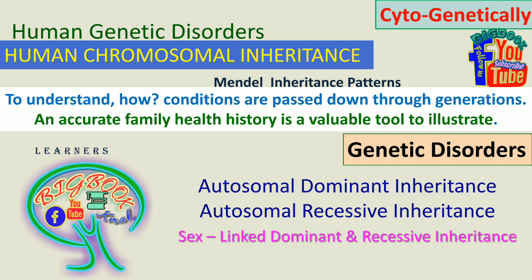In these slides we are going to discuss autosomal and sex-linked genetic disorders which are dominant in inheritance pattern and recessive in inheritance pattern. So we are going to get into the first slide.